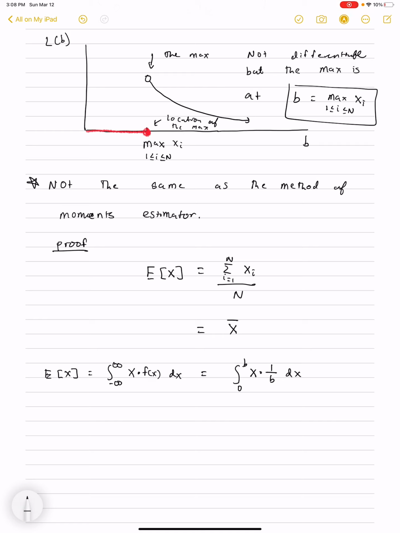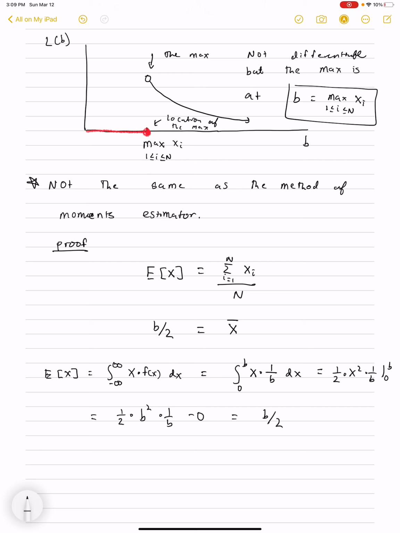So we need to integrate from 0 to b, x times 1 over b. We integrate x, this is going to be 1/2 times x squared times 1 over b, evaluated at 0 and b. When we plug in b, we're going to get 1/2 times b squared times 1 over b minus 0. So this is just going to be b divided by 2.